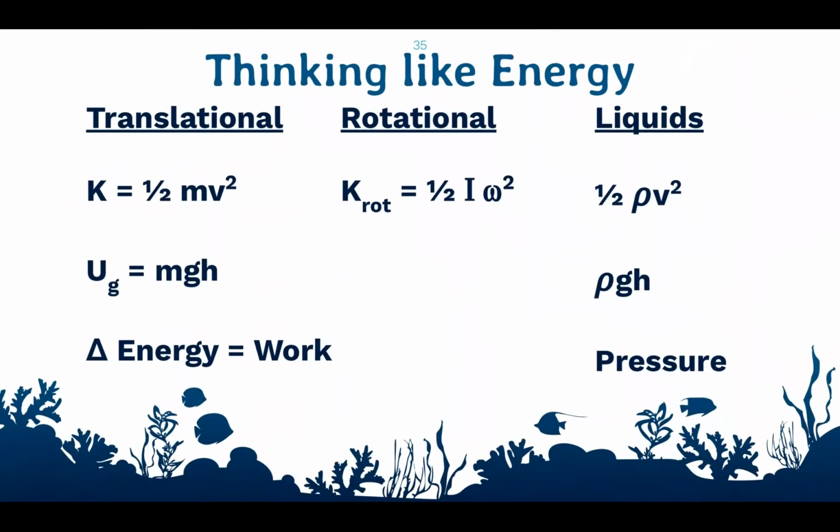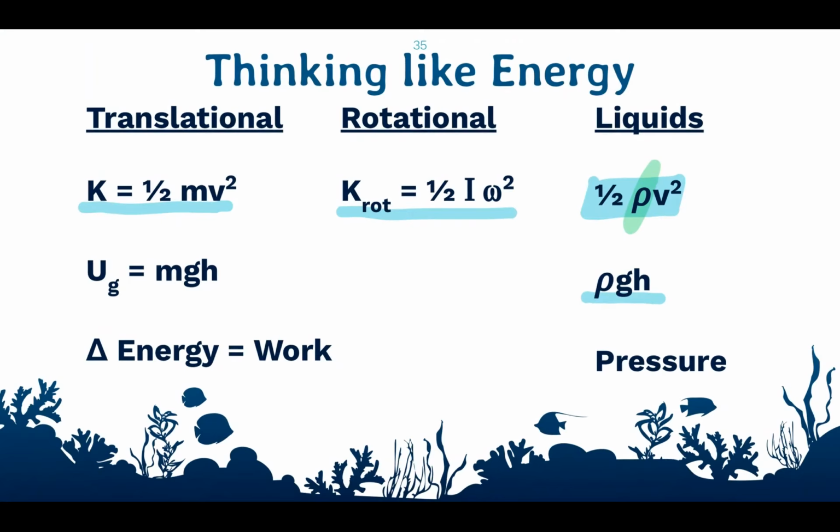And if you keep thinking about energy like that, we can think about fluids as having something like kinetic energy, which looks very similar to the kinetic energy equations. But the only difference now is that we're using density instead of mass or moment of inertia. And then in terms of gravitational potential energy, this is the energy that a liquid would have because of how high up it is.